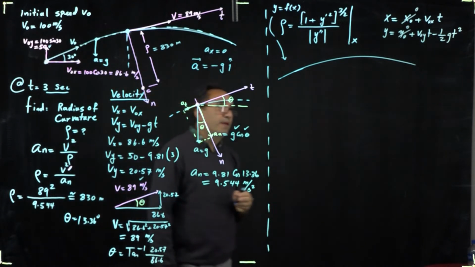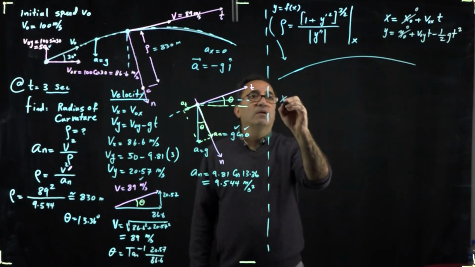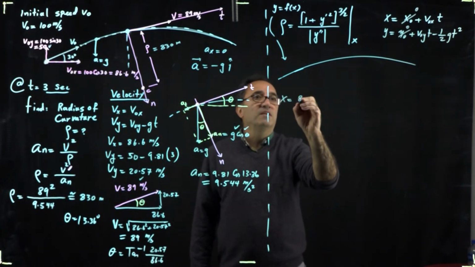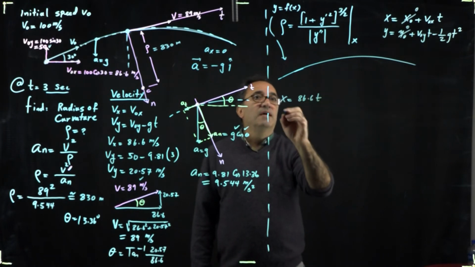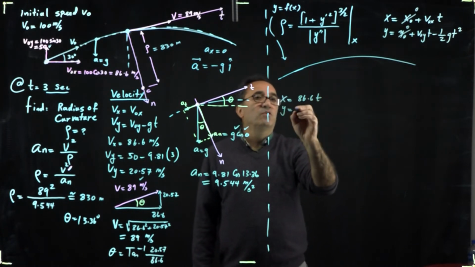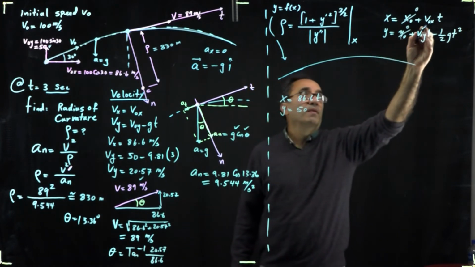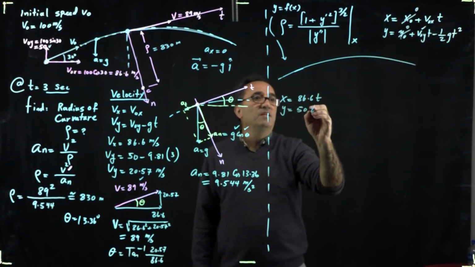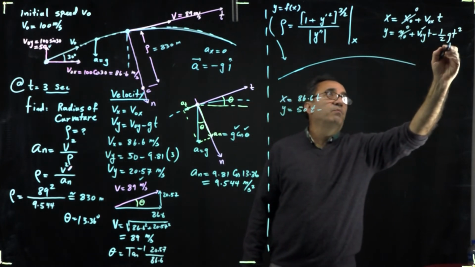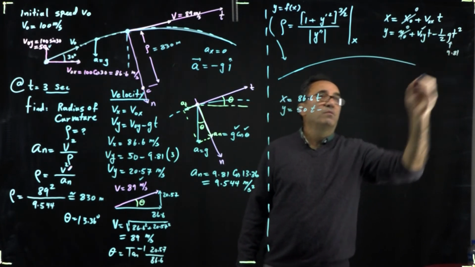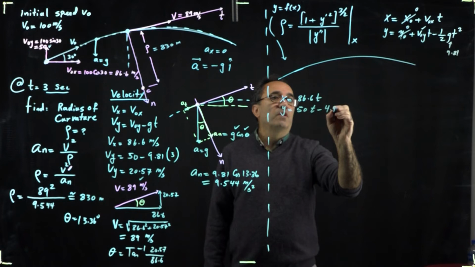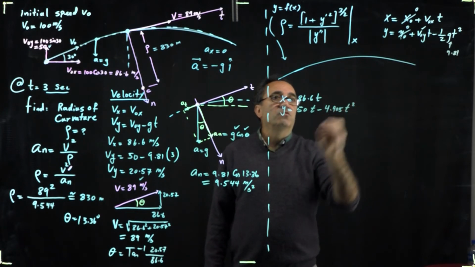And so x becomes v0x t, that's 86.6 t. And y becomes v0y, 50 times t, minus 1/2 of 9.81, which is 4.905 t squared.